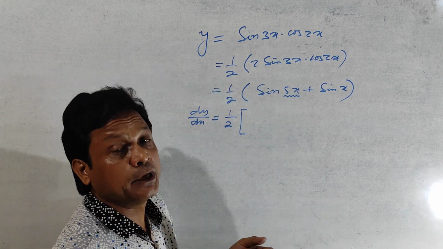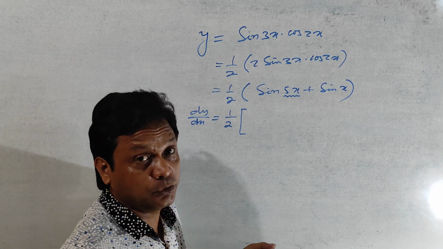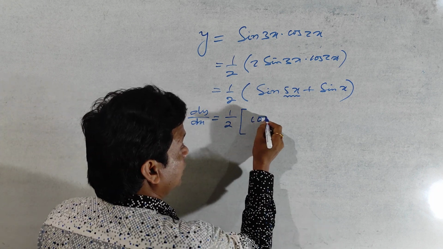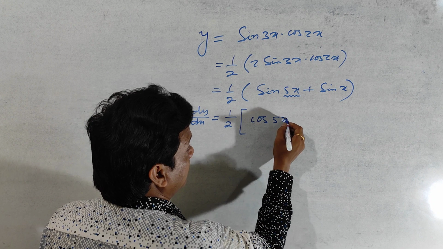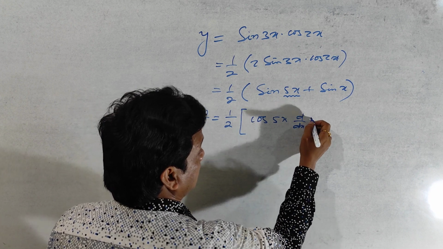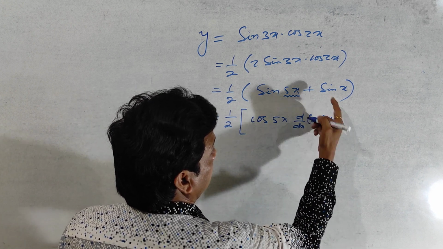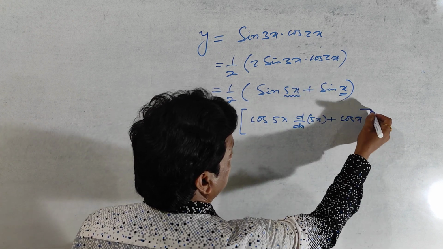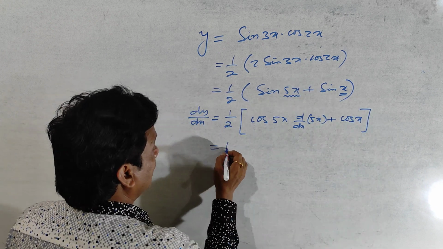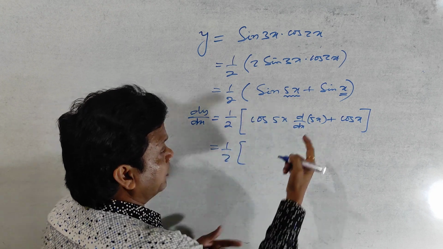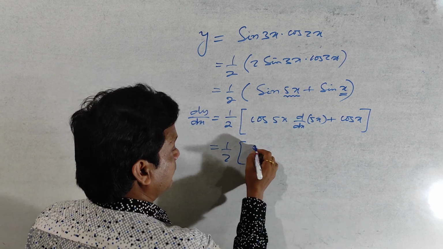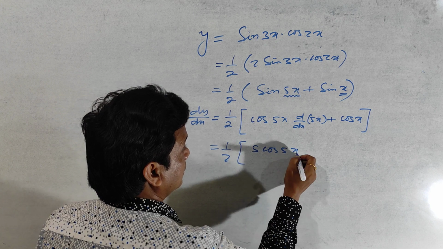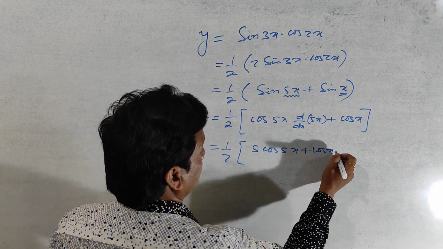The derivative of sin u is cos u into du by dx. Cos of 5x into the derivative of 5x, plus cos x into dx by dx, it is 1. Half, the derivative of 5x is 5. So 5 cos 5x plus cos x. So this is the answer.